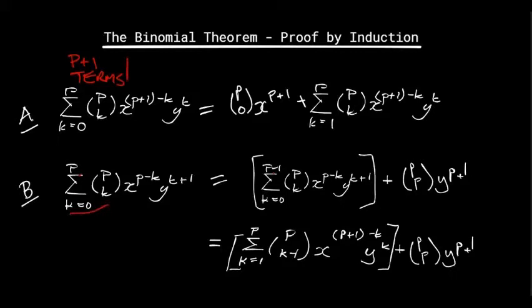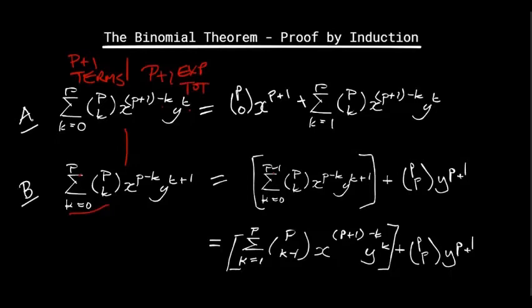There's p plus 1 terms. Okay, now we've also got the exponents. They add to p plus 1 because we've got p plus 1 minus k plus k. So we have the exponent total is p plus 1.